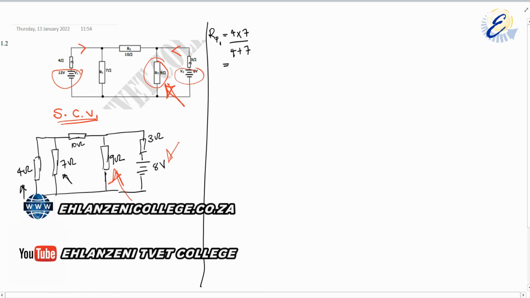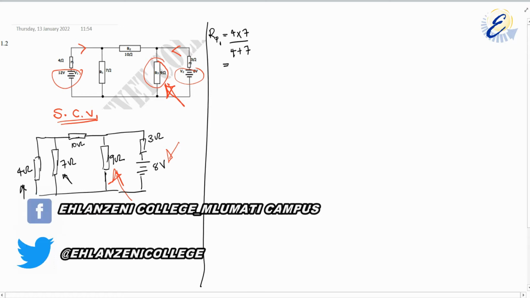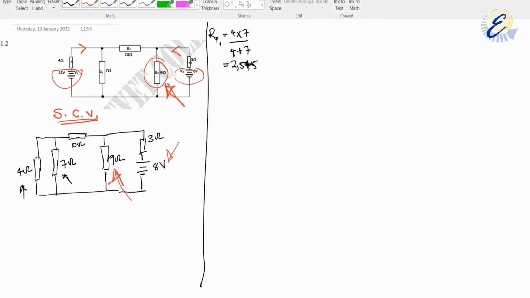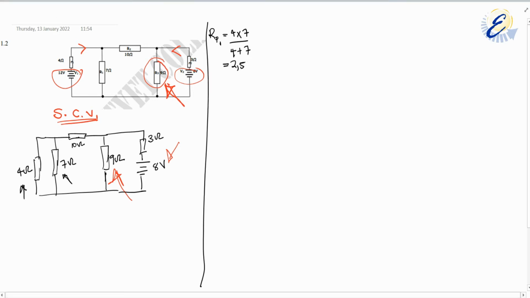This would give us 2.545 ohms. Let's write that in a proper way so that it is visible.